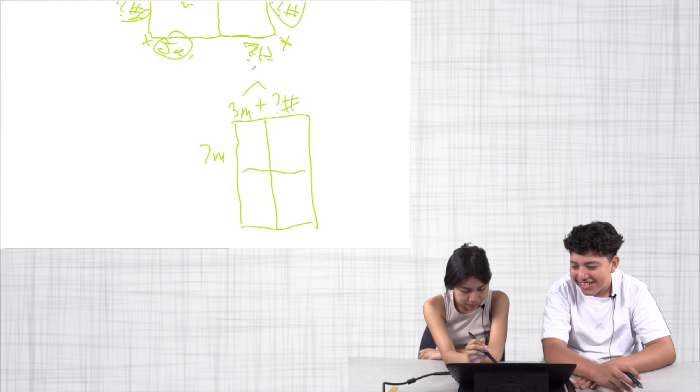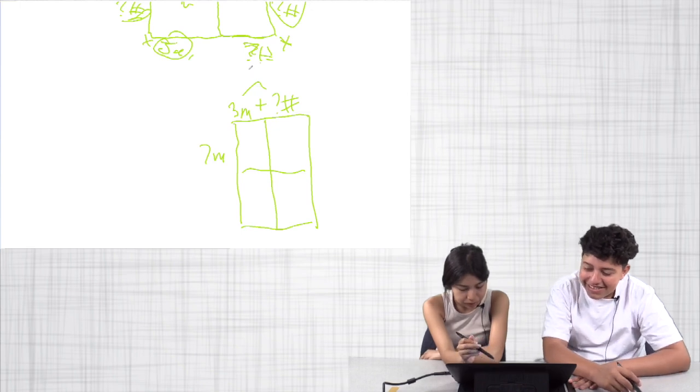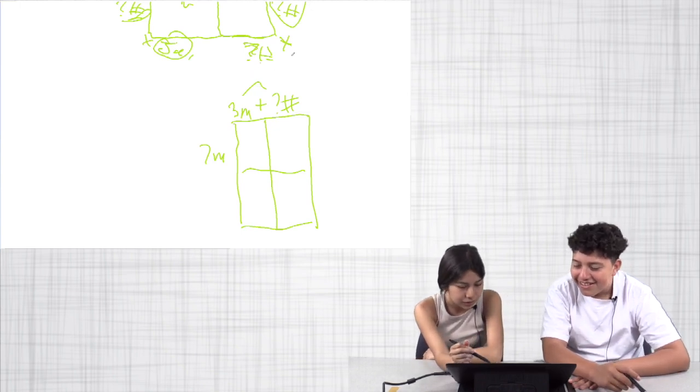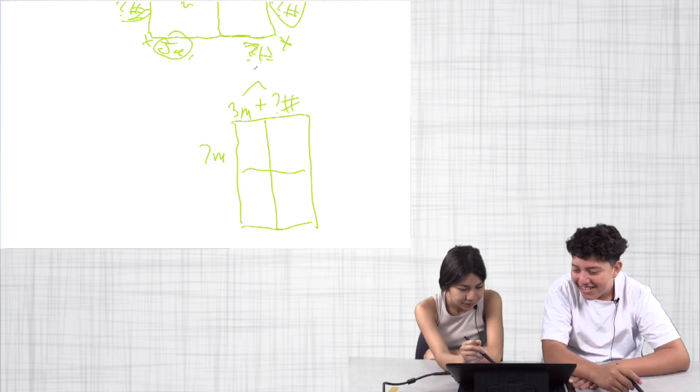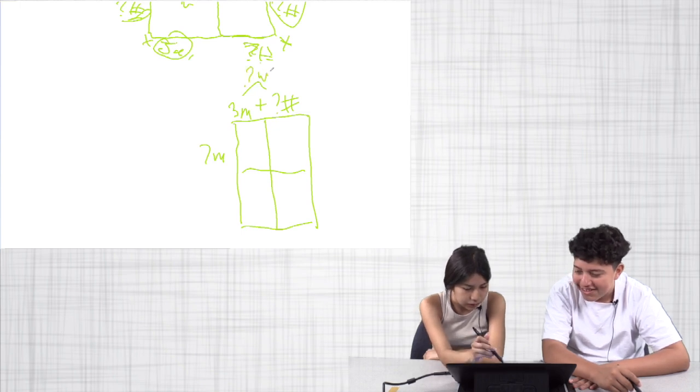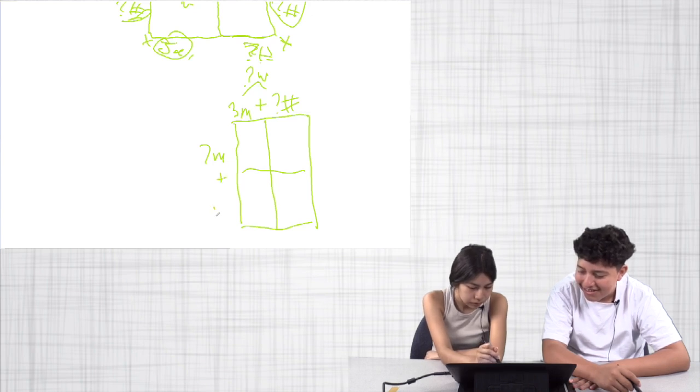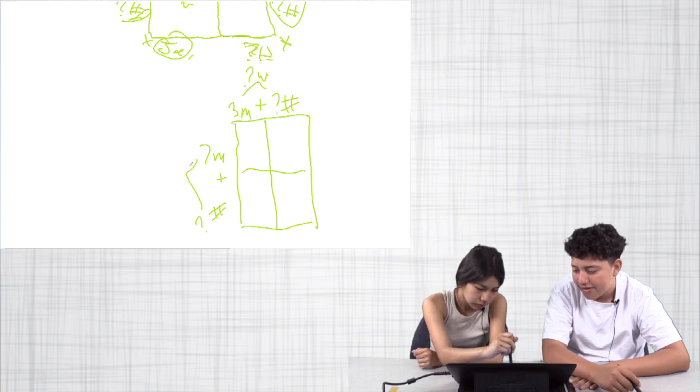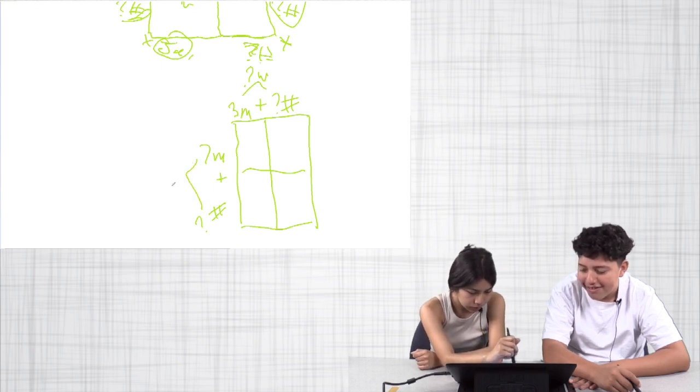And just put unknown number. Put unknown with W. This is with W. And then plus unknown number. Unknown L.